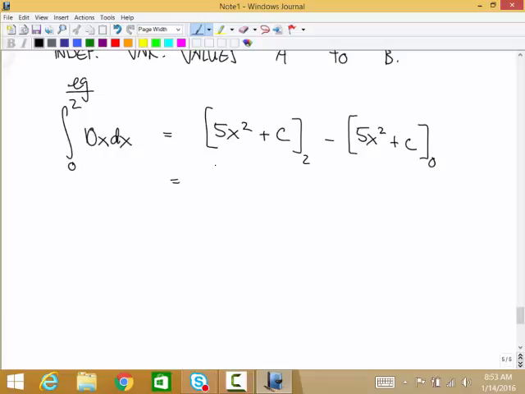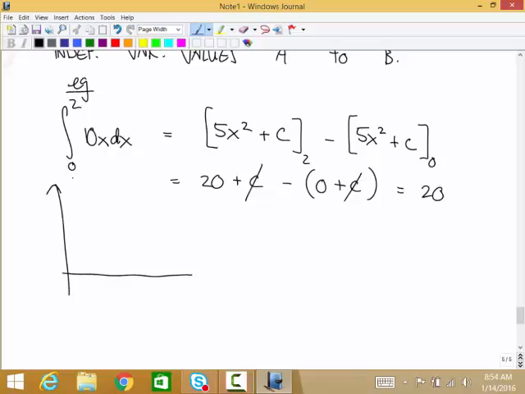So you get 20 plus c minus 0 plus c. The c's cancel, and you get 20. And if you look at a graph of the function versus x, the function is this linear function with a slope of 10.